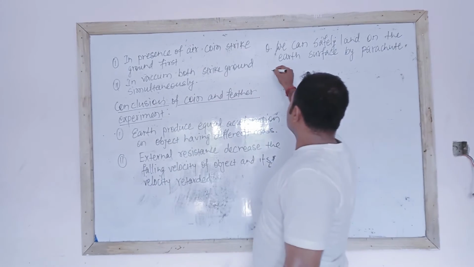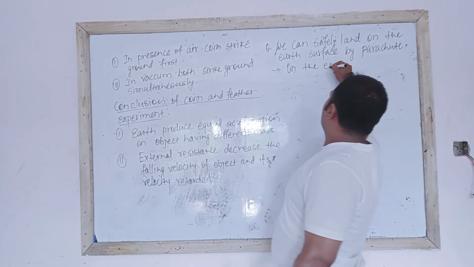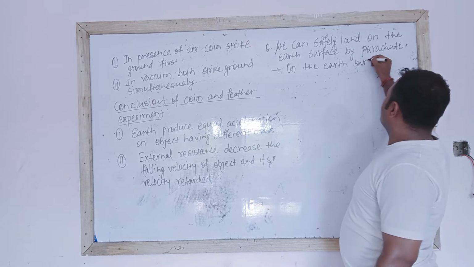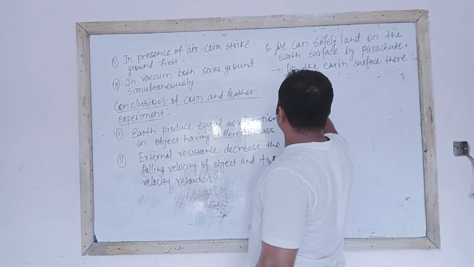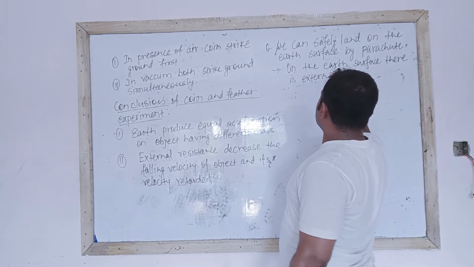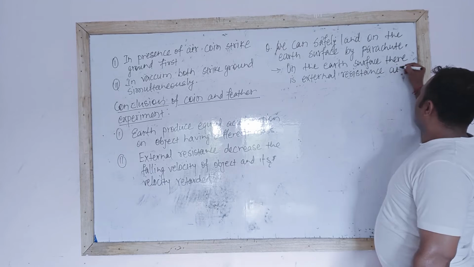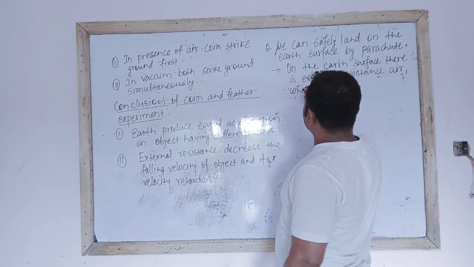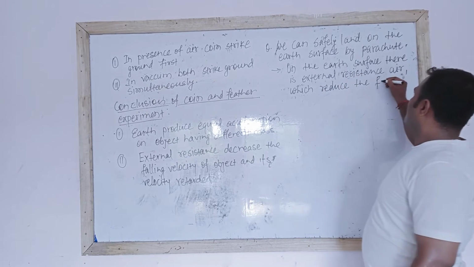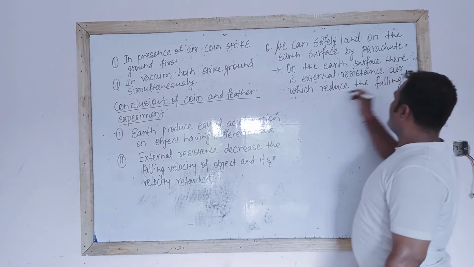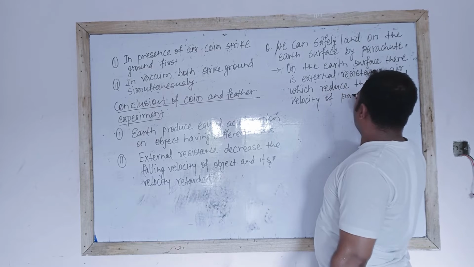Because on the earth surface there is external resistance, which reduces the falling velocity of the parachute.